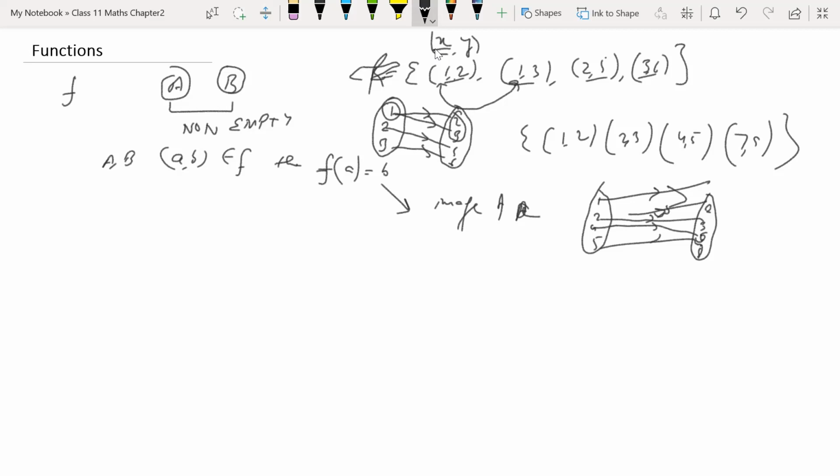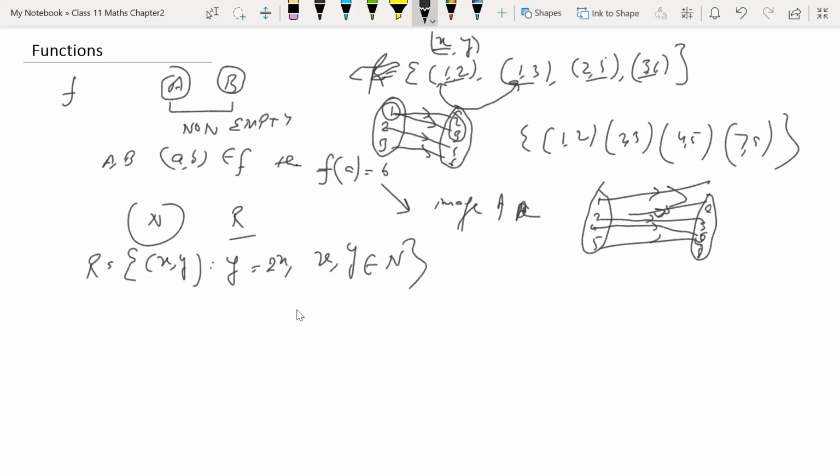Now let's understand more with the help of examples. Let N be a natural number, the set of natural numbers. R is a relation defined on N such that R = {(x, y): y = 2x, where x, y belong to N}.